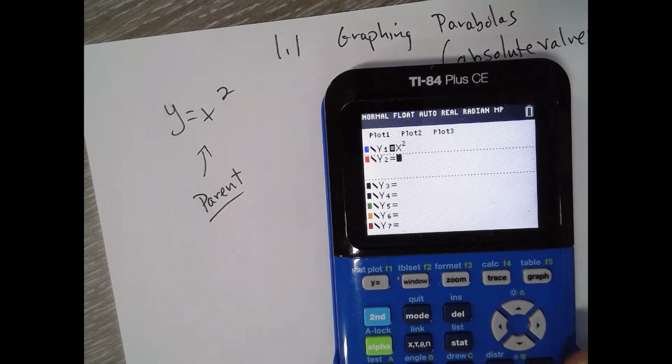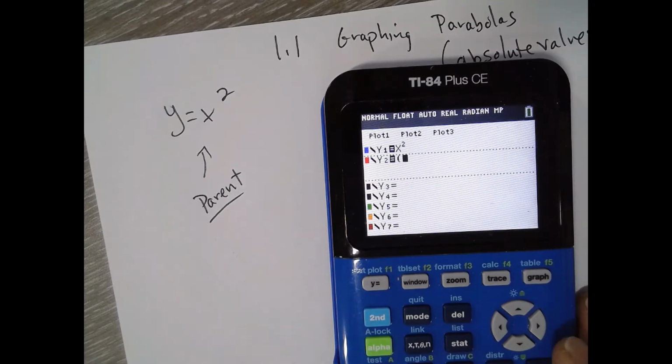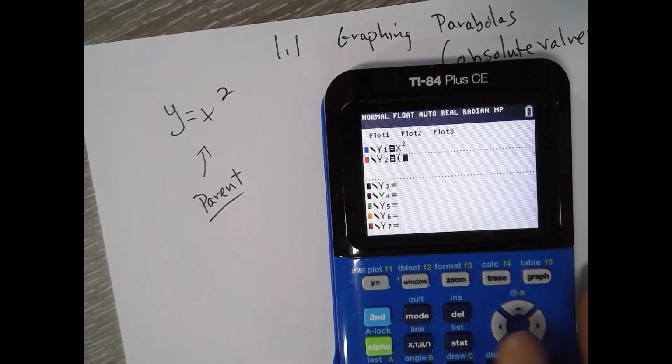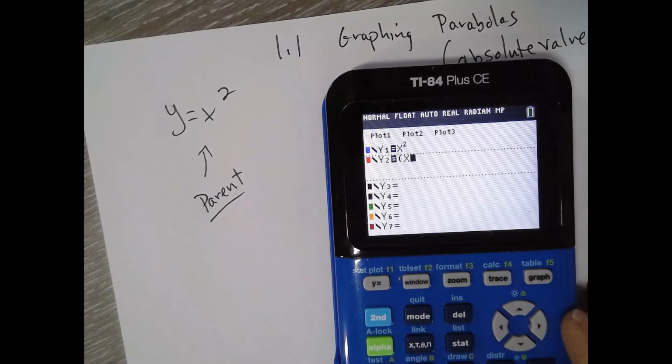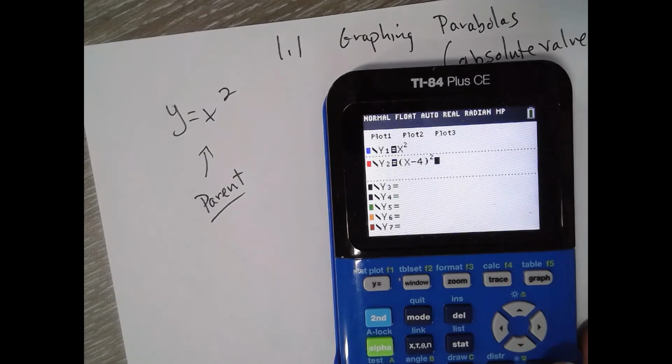Now I'm going to put something in parentheses. So x minus 4, parenthesis, and then I'm going to square that using the x squared button.